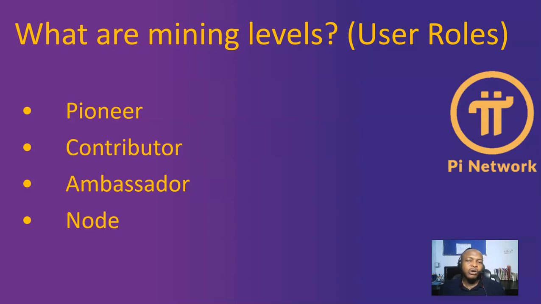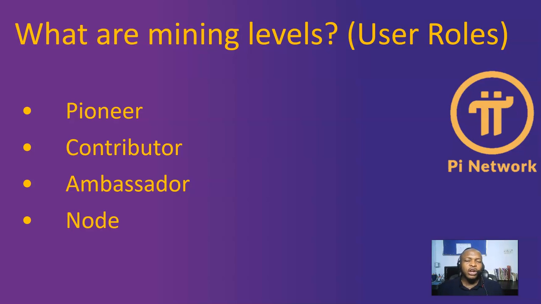Adding people to your security circle is not necessarily those who you invited, but anybody you know that is using the Pi network. You just add that person to your security circle. So what this is doing is further verifying that you know these persons and they are real human beings. Okay, so when you add people to your security circle, you also earn more at a higher rate.